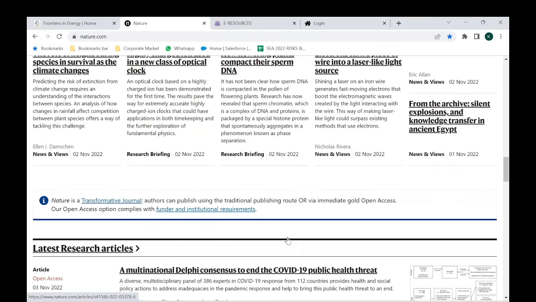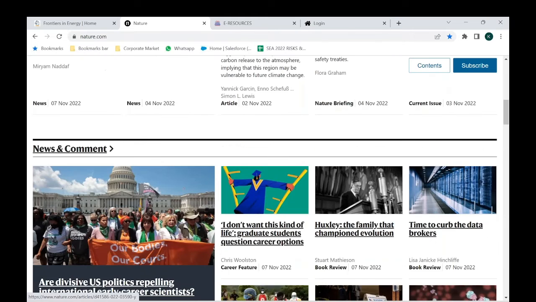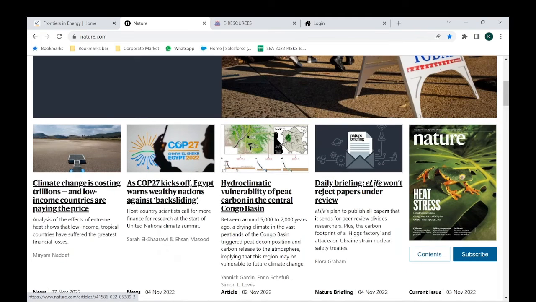And Nature places a lot of emphasis on making the findings published in Nature interesting, relevant, and important, even to a person who is not learned in that particular subject matter. For example, someone who has a background in business may not understand the terminologies when talking about, for example, COVID-19 in medical terms.